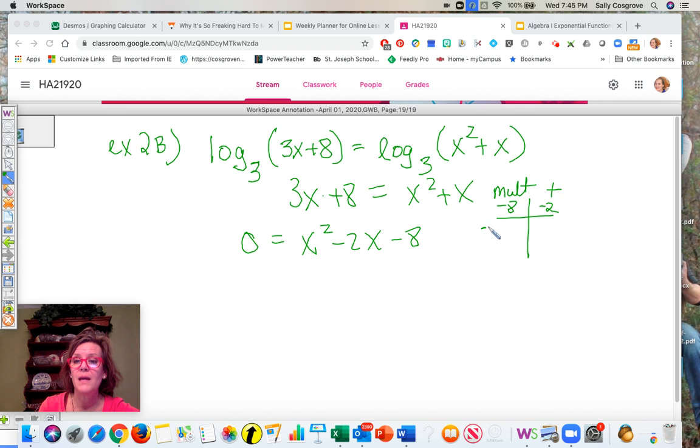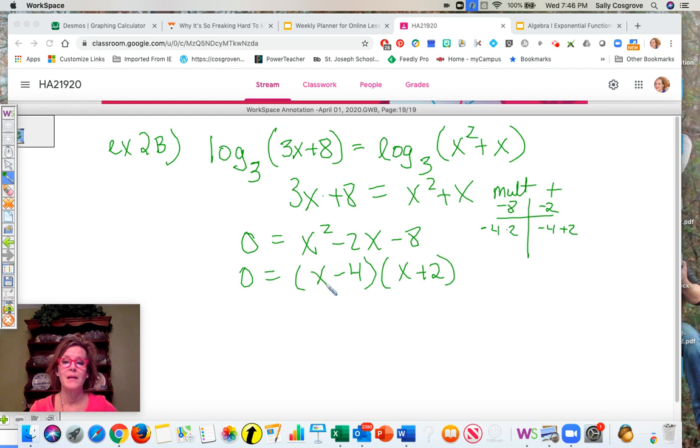And -4 times 2 is -8, and -4 plus 2 is -2. So we found the factors: 0 equals x minus 4 times x plus 2. And it never hurts to multiply back and check to make sure we did it right. x squared plus 2x minus 4x, yep. -4 times 2, yep, we did it right.